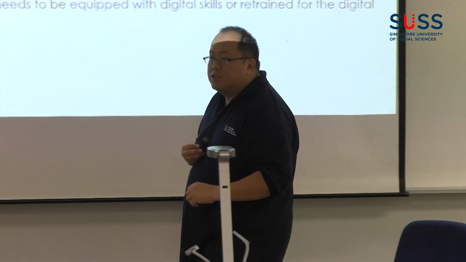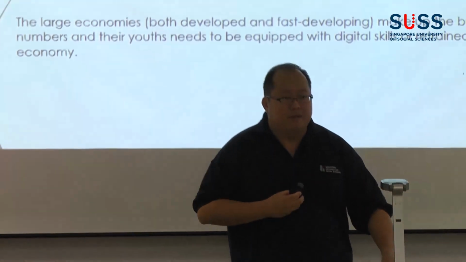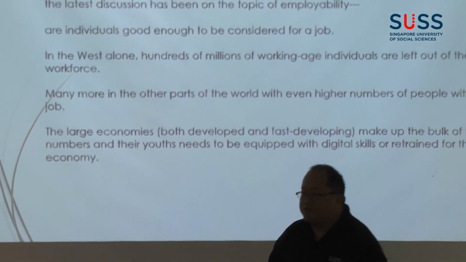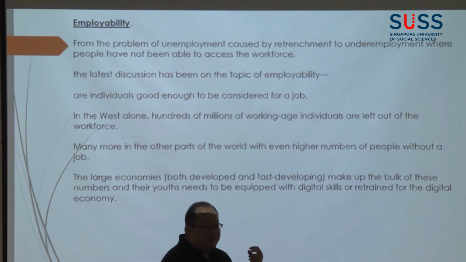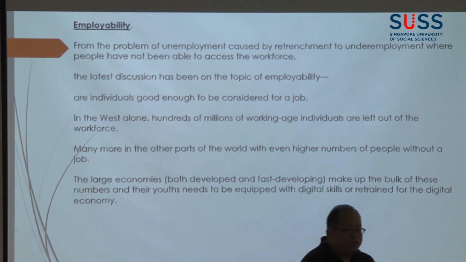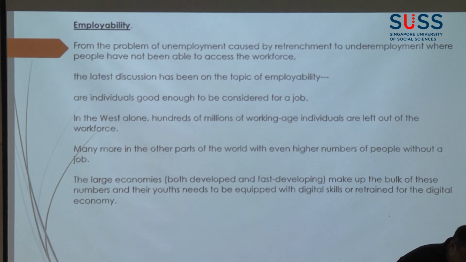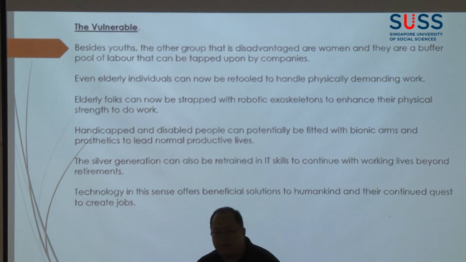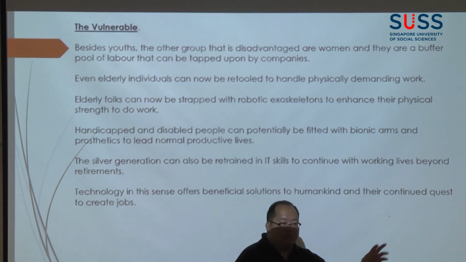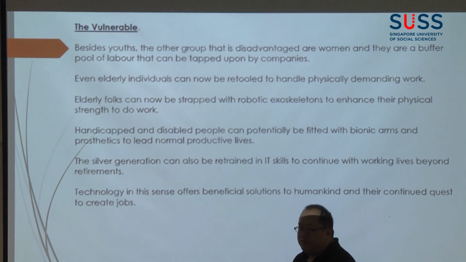That's why the buzzword today is employability. Governments and MNCs are retraining their people to ensure that they are worthy of employment, especially in the human jobs category, so that they are good enough to be considered for jobs. There are vulnerable groups that we need to take care of. Children who do not have access to IT equipment or IT education.